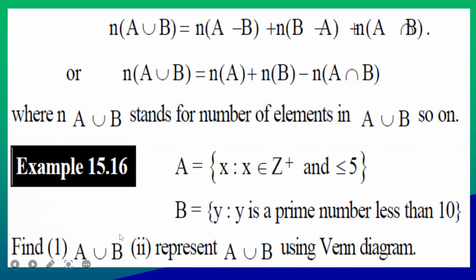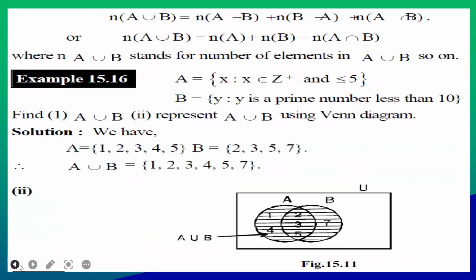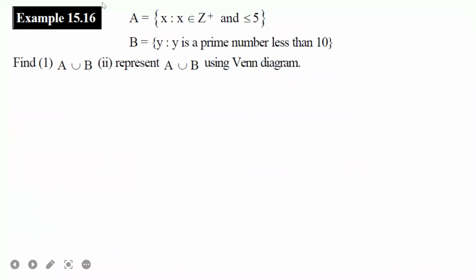Example. Set A is equal to x such that x belongs to set positive integers and less than or equal to 5. So when we list the elements of set A, we have positive integers less than or equal to 5. So we have 1, 2, 3, 4, and 5.